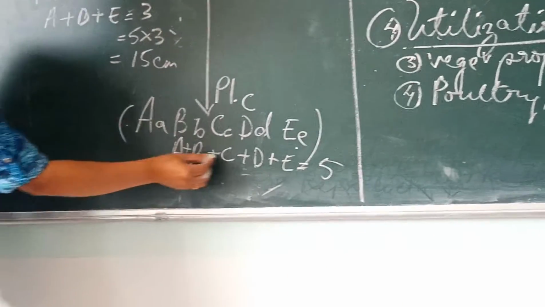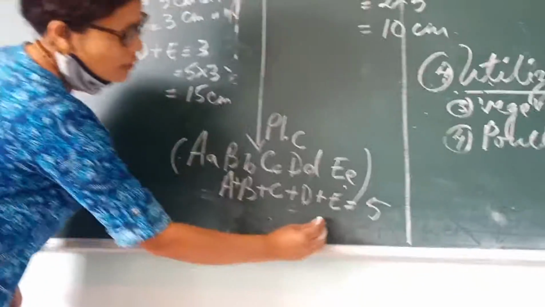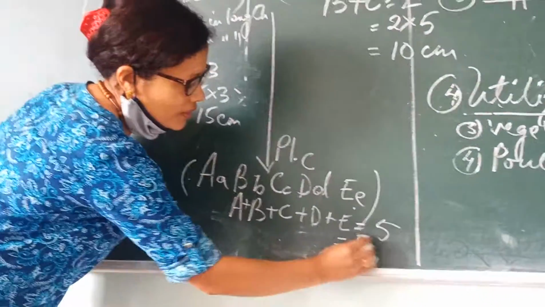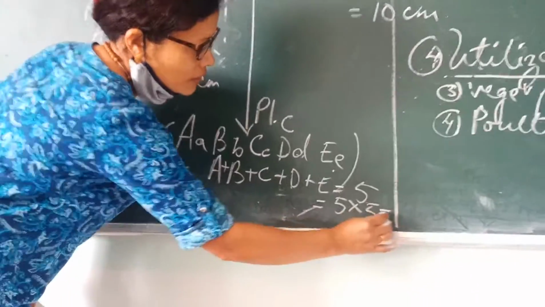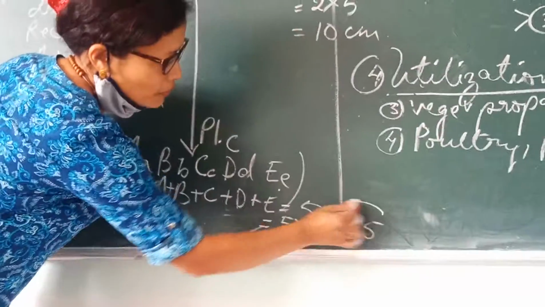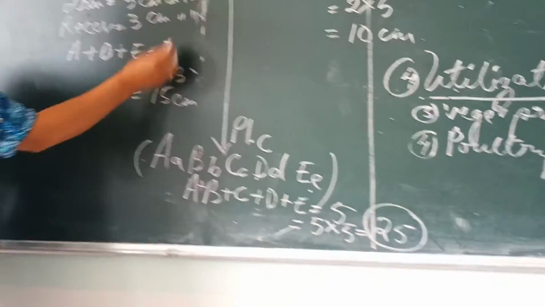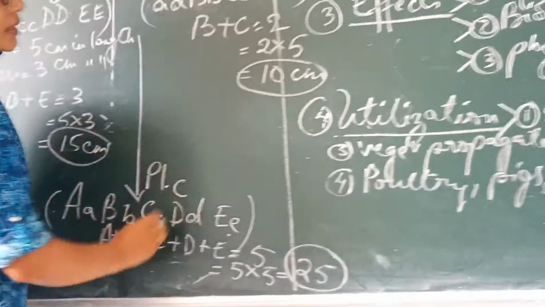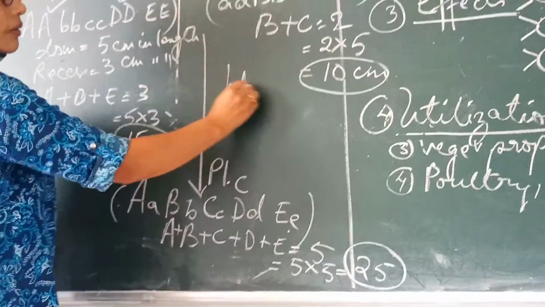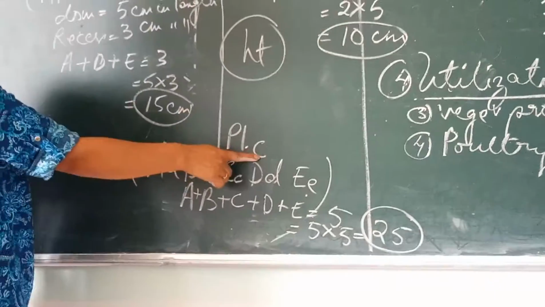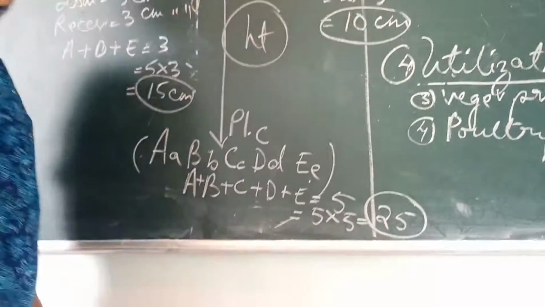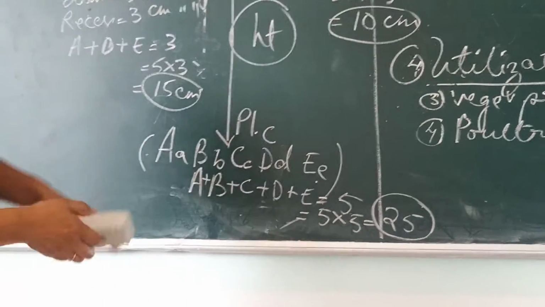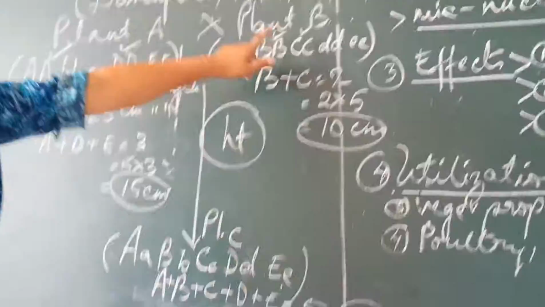Each contributes how much to the length of the plant? It contributes 5. So 5 into 5, so 25. Look, parent A is only 15 centimeters. Parent B is only 10 centimeters in height. Look at plant C. It is 25 centimeters in height. Much taller than plant A or plant B.